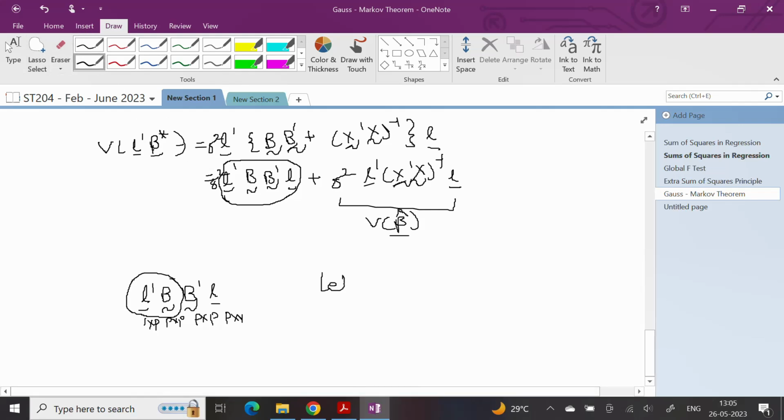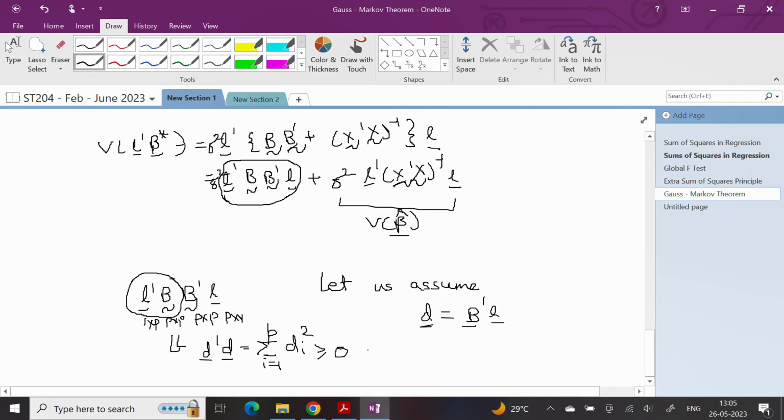So let us assume that D is equal to B prime L. D is a new vector of order P cross 1 such that D is B prime L. Then this quantity is simply D prime D, which is equal to summation D i square, correct? i going from 1 to P.